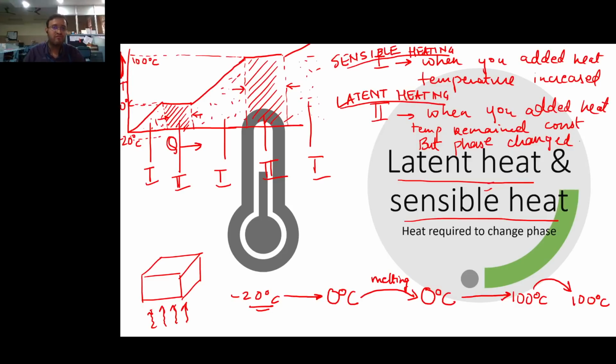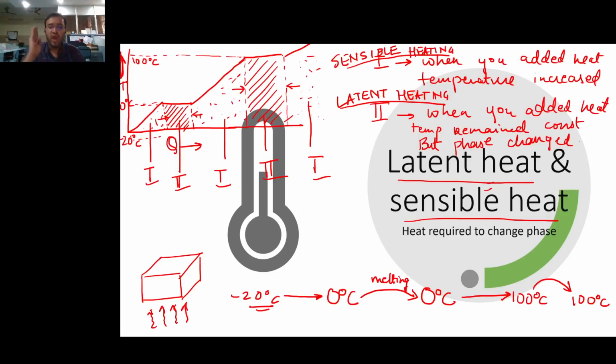Okay, so you have these two distinct regions, 1 and 2. 1 is sensible heating where you add heat and the temperature rises. 2 is latent heating where you add heat and the substance changes its phase from one phase to the other, solid to liquid or liquid to vapor.